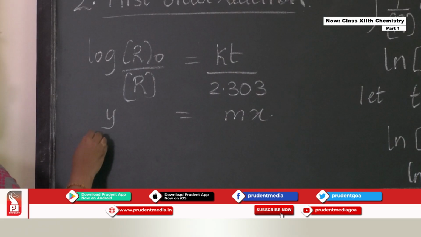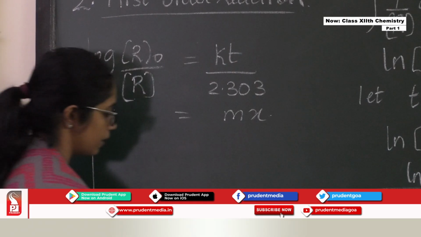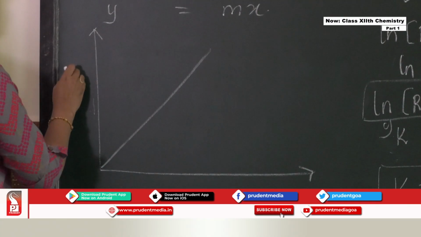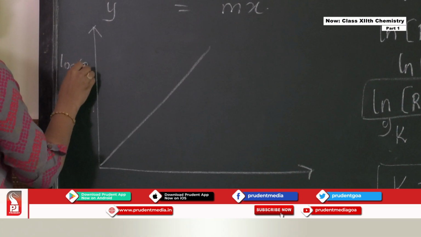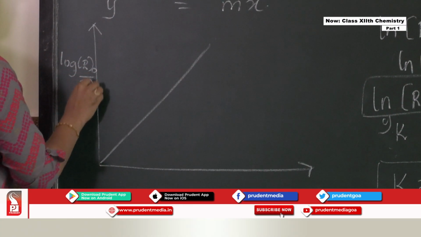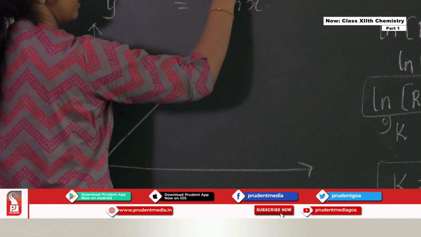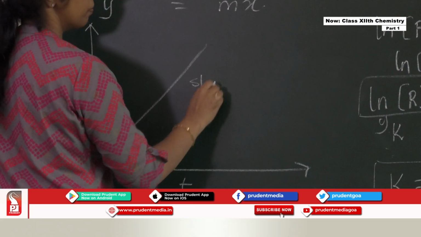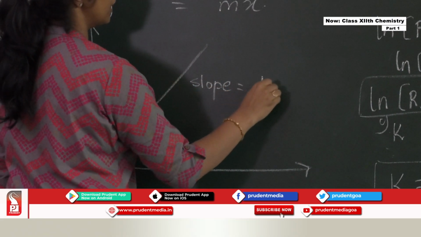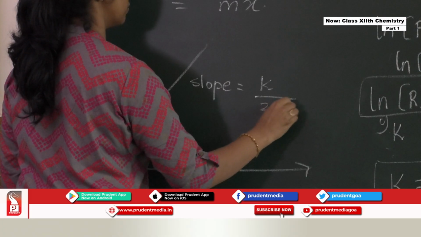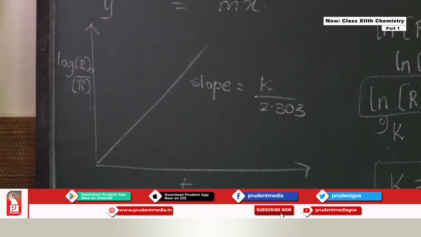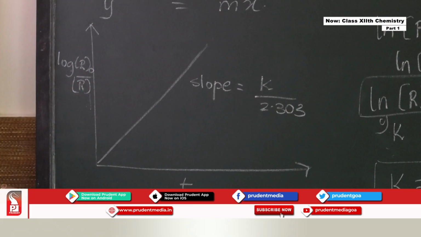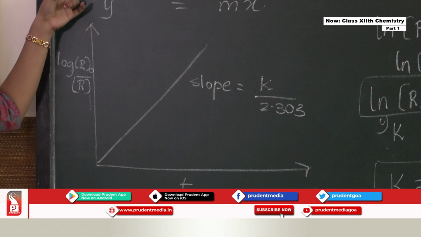So here there is no intercept, it is going to be a straight line passing through the origin. On the y axis you are going to have log of R naught upon R. On the x axis you are going to have time t, and you find that the slope is going to be equal to k upon 2.303.